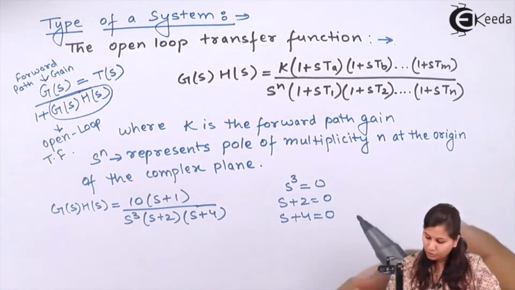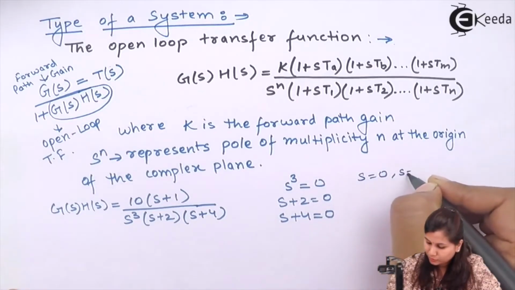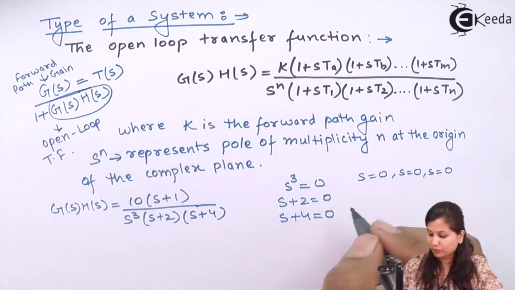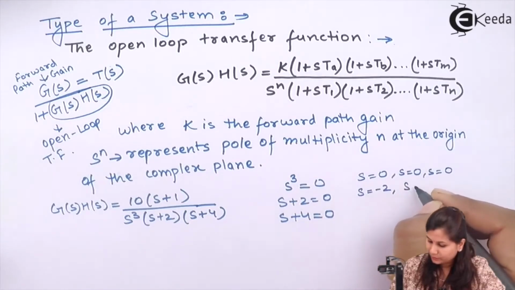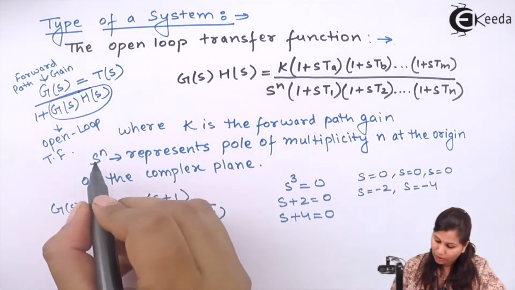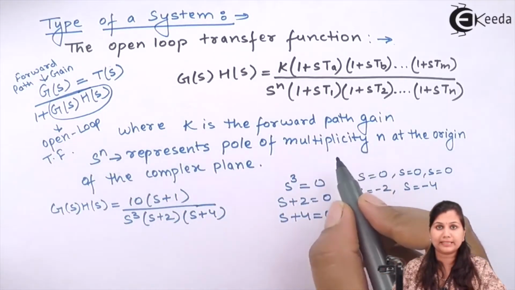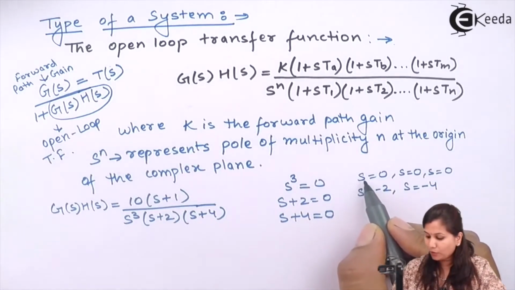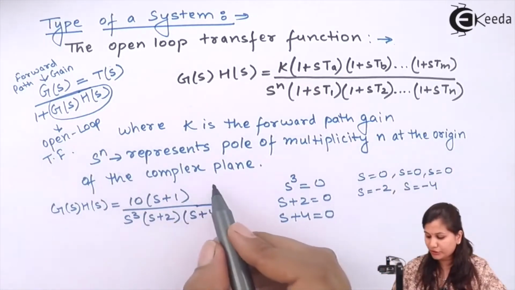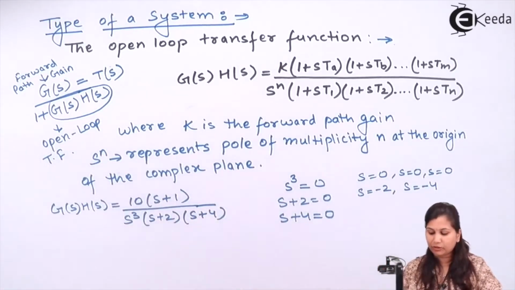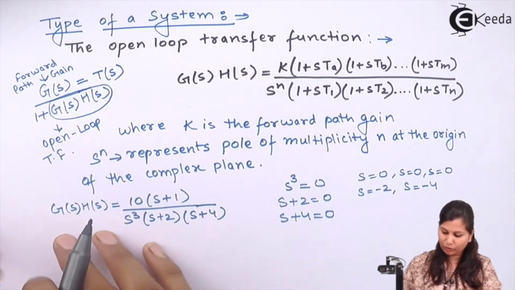So the poles are s equals 0 three times, because here we have s cube, then s equals minus 2 and s equals minus 4. So s^n represents a pole of multiplicity n, here a pole of multiplicity 3, because there are 3 poles at the origin of the complex plane. That is the definition of s^n.